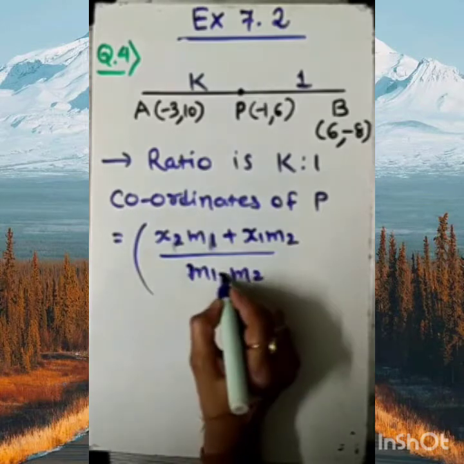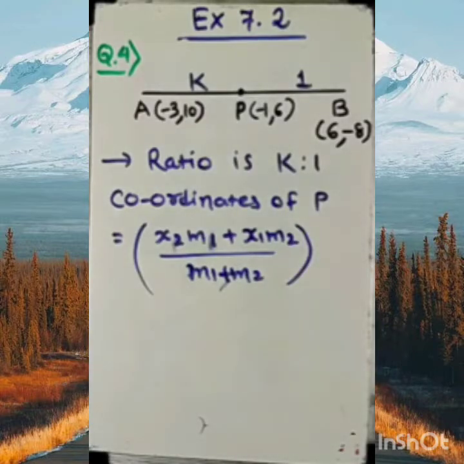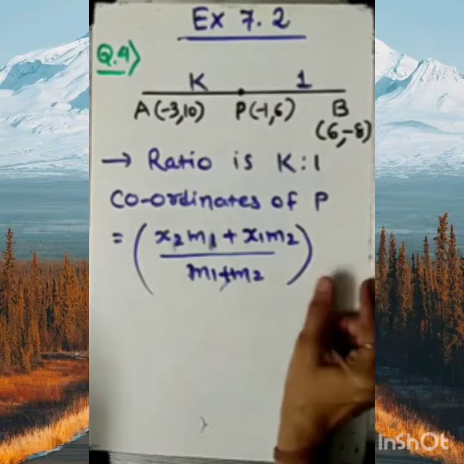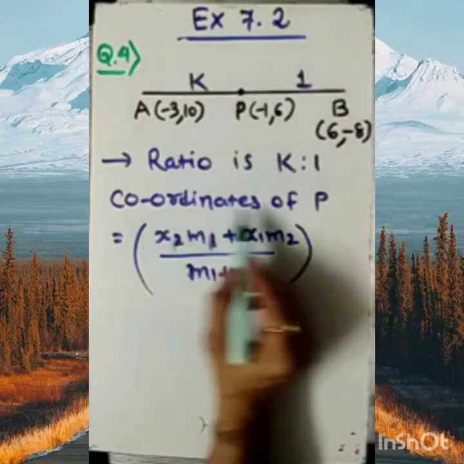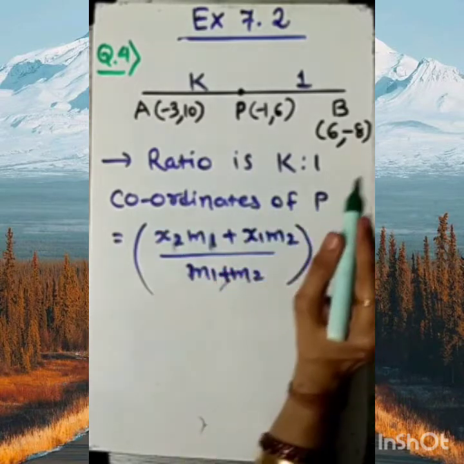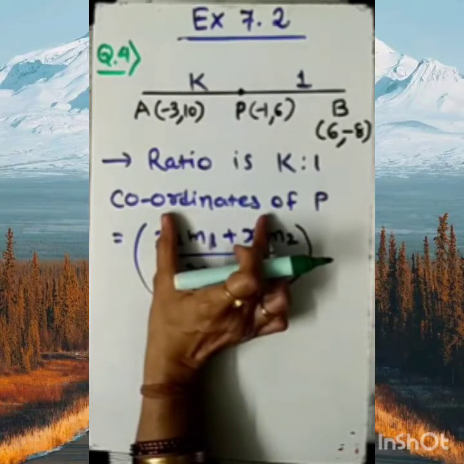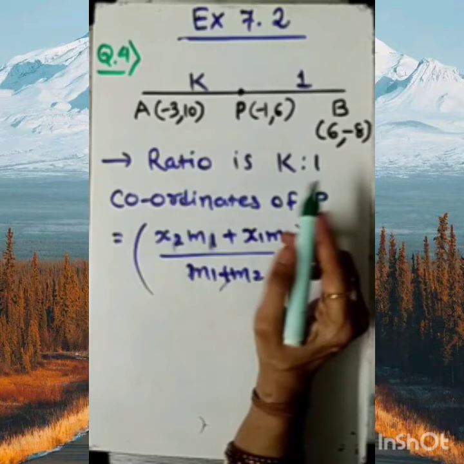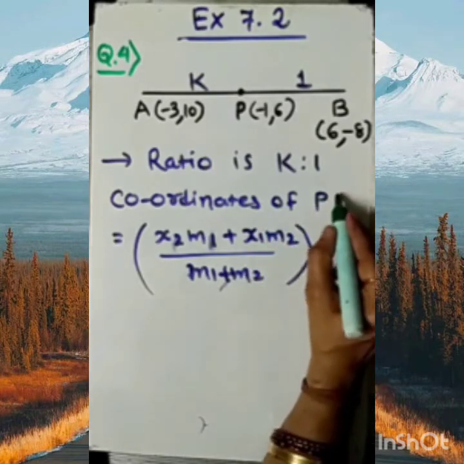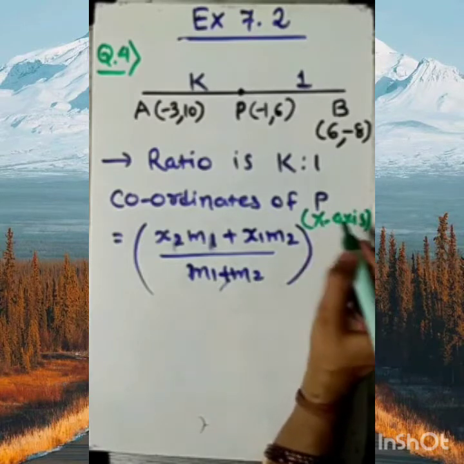But here, dear student, we will compare with the x coordinate only. We are not going to compare with y. So instead of writing coordinates of P, we write the coordinate of point P for the x-axis only.